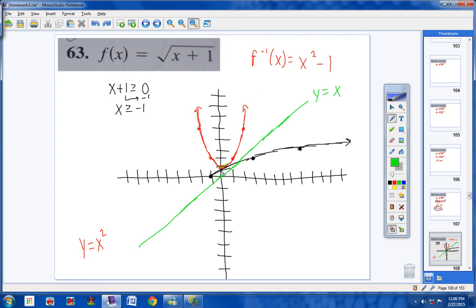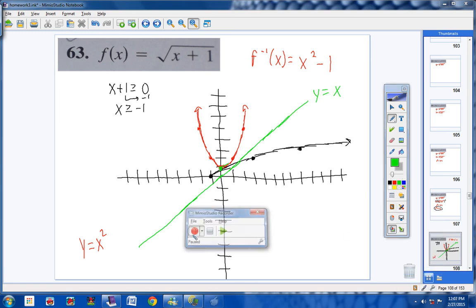Let's see what it would be. It looks like they both are going to hit at about right here. Okay, guys, I paused the video to get it better. Make sure I have my answer correct.